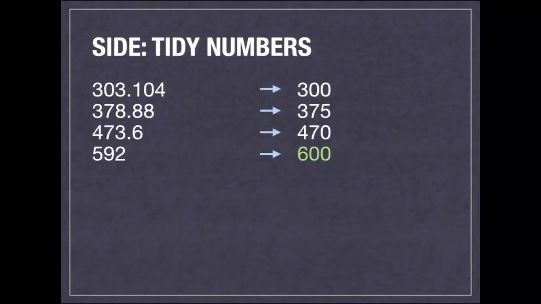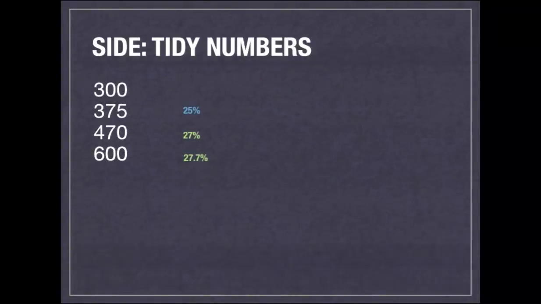And then you can do the same thing with that sidebar image. We had fewer options there, but if we look at that 592, well, that's about 600. That 303, we can make that 300. Then I just like round numbers, so I can go with 375 and 470 here. And that's still pretty much in line with that 25% rule.